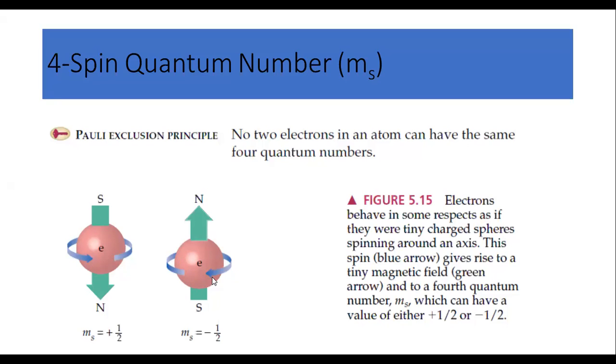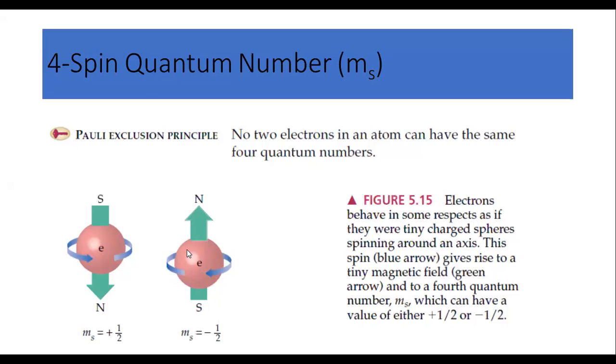So when it is rotating in this direction, it is going to generate some sort of magnetic field, and this arrow is giving you the direction of the magnetic field. When there is the movement of the electron, there must be the generation of the magnetic field, and this quantum number is giving us the direction of the magnetic field.